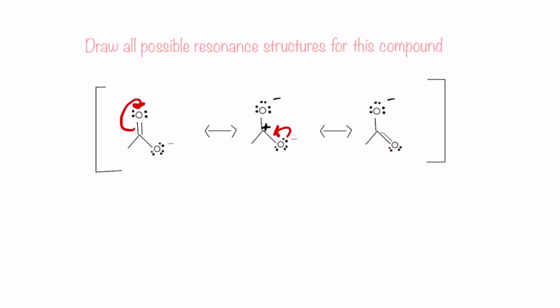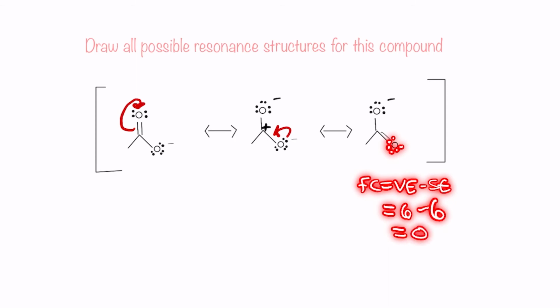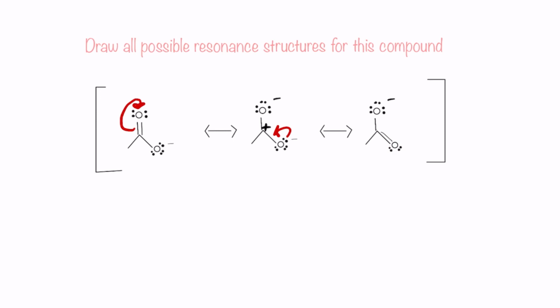So if we calculate the formal charge for it, formal charge is equal to valence electrons minus surrounding electrons. Oxygen has 6 valence electrons, and surrounding it right now is 1, 2, 3, 4 from the lone pairs, and 1 from each bond here. And so that makes for a total of 6 surrounding electrons. 6 minus 6 makes for a total charge of 0. And so we see here that now this oxygen is neutral and this carbon is neutral.